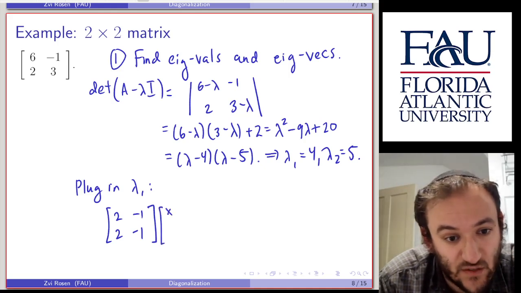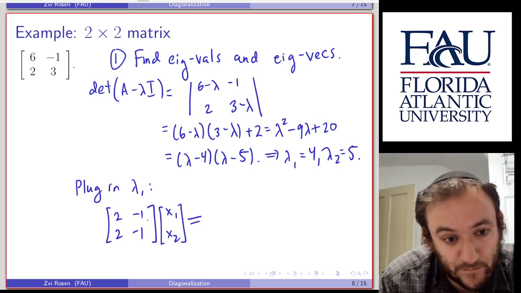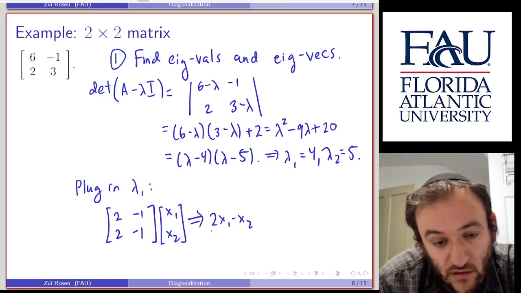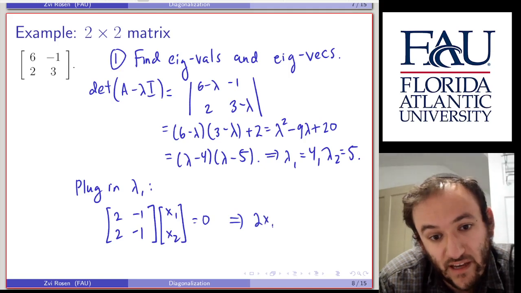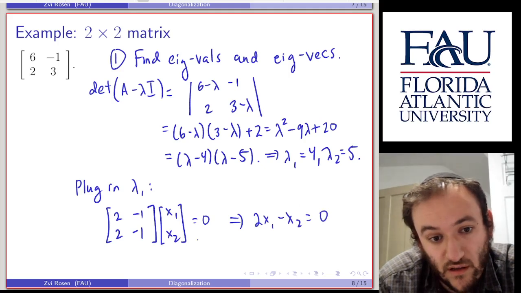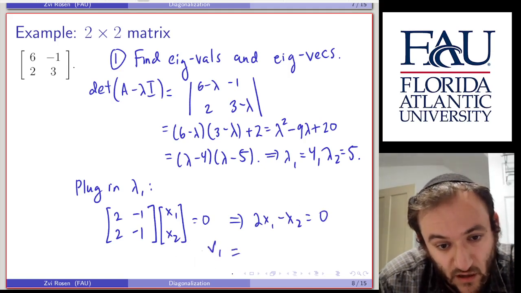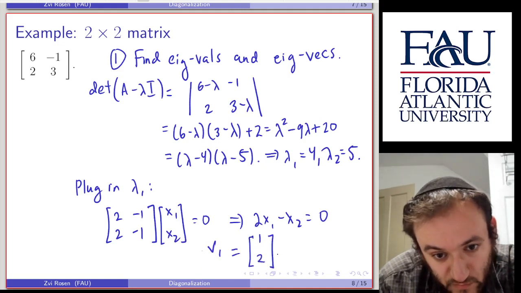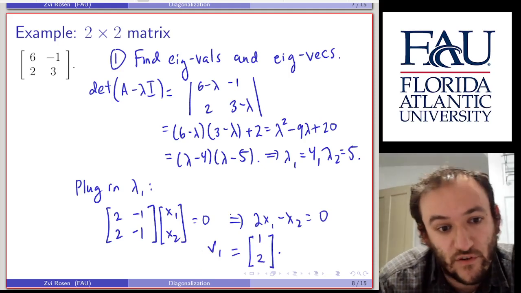So if I have x1, x2 here, what this tells me is 2x1 minus x2 should be equal to the 0 vector, which implies 2x1 minus x2 equals 0, or our eigenvector, let's call it v1, will be equal to 1, 2. Or any non-zero scaling of that. So that's our first eigenvector.